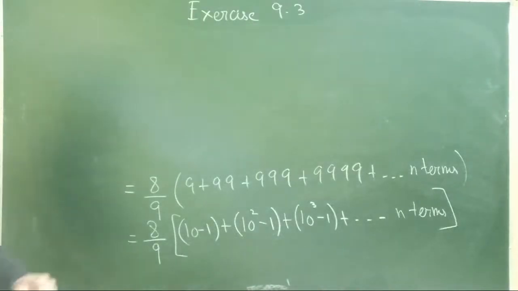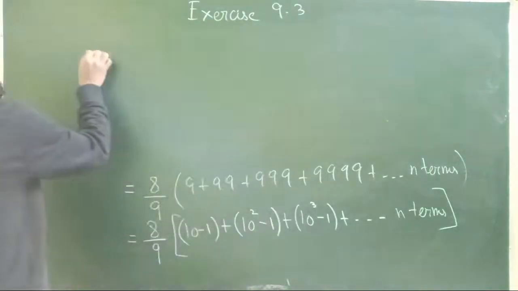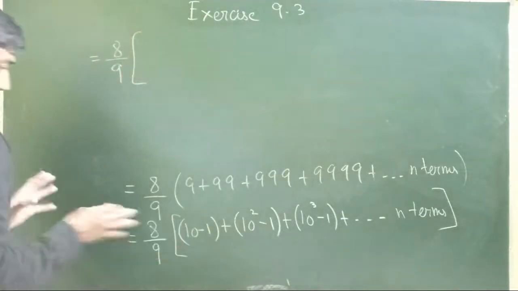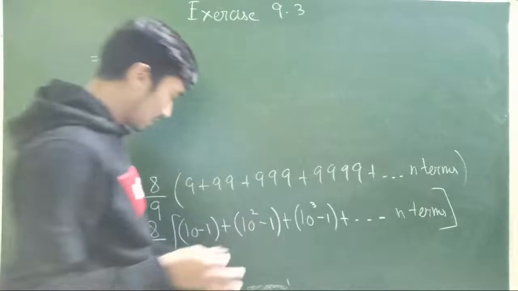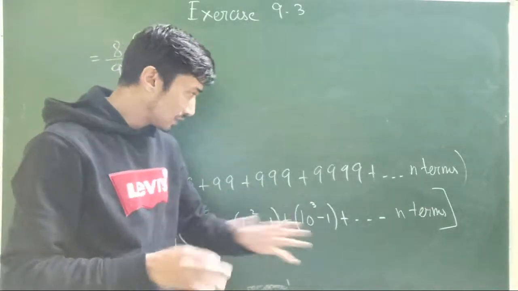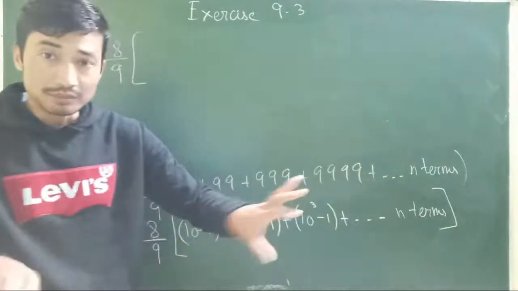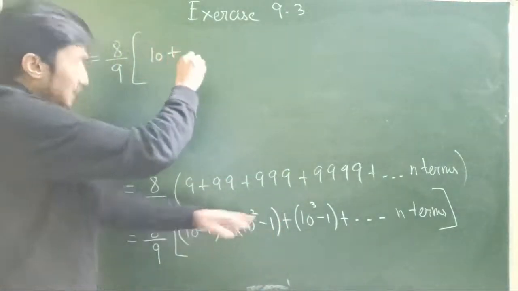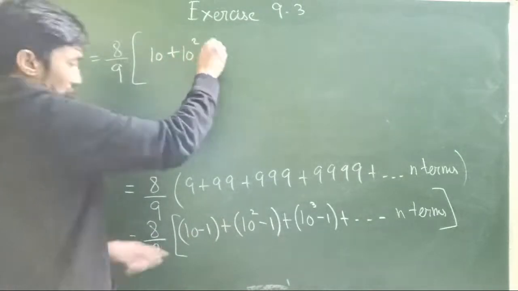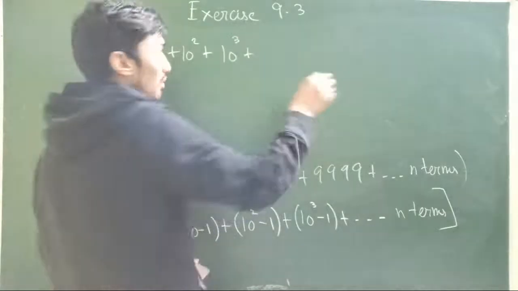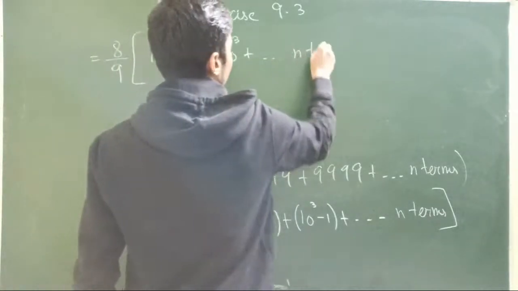Now, 8 by 9. Let's group the 10 power terms together and the 1s together. Let's separate them. So 10 plus 10 square plus 10 cube plus 10 power 4, going up to n terms.